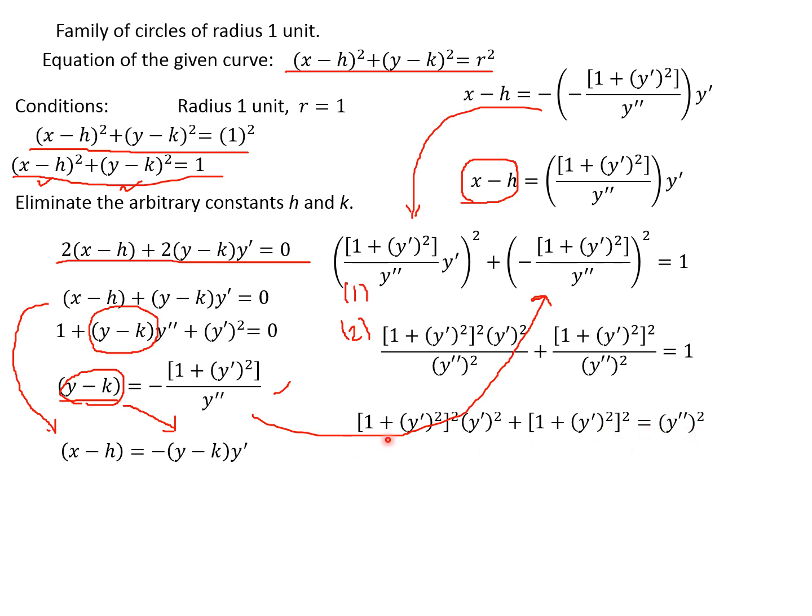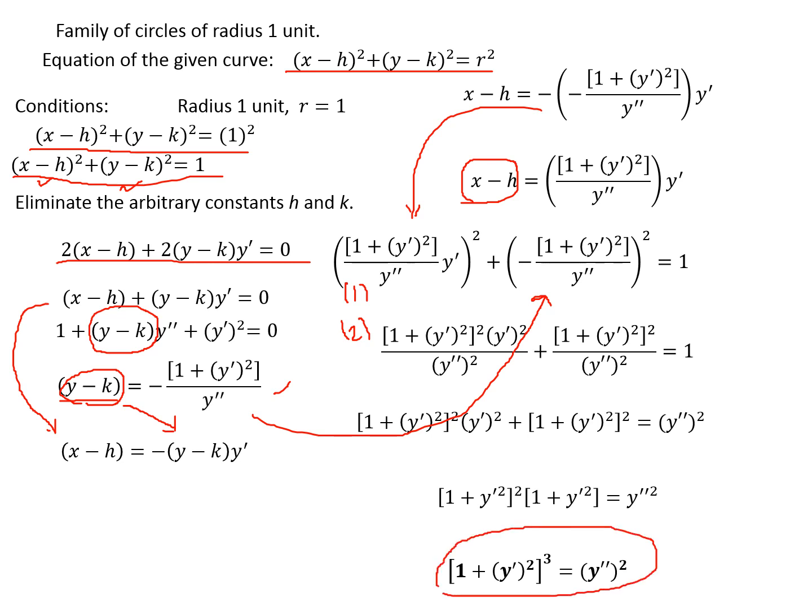Observe that common here is 1 plus y prime squared in both of these factors. So you can factor 1 plus y prime squared, and then you have 1 plus y prime squared. And finally, you can simplify that as 1 plus y prime squared equals y double prime squared. You notice now that this equation represents a differential equation of a family of circles of radius 1 unit.